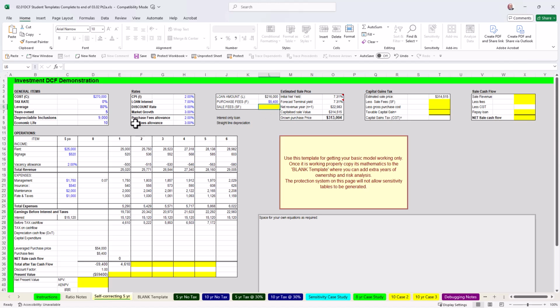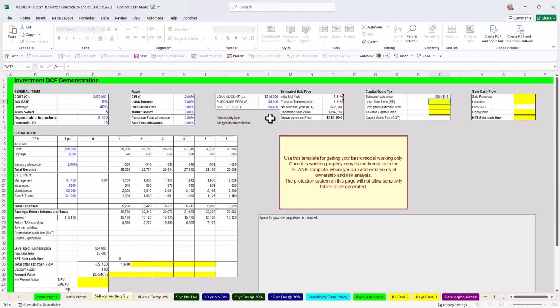And we can say, how do we work out the sales fees? Well, we have an estimate and an allowance for sales fees of 3%. And so if we're selling the property for and earning $314,000 from it, we can work out the sales fees as simply 3% of that. And so we're going to write an equation. And you'll notice again that in all cases, my equations are in terms of cell addresses, not numbers.